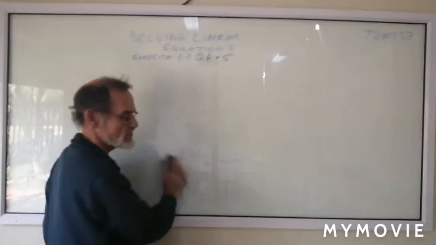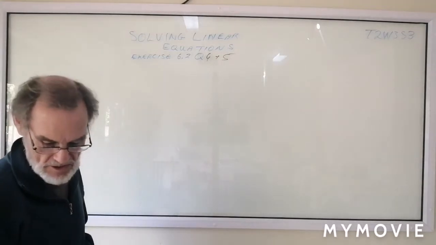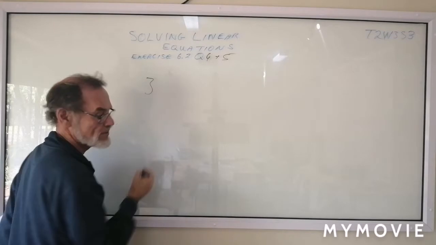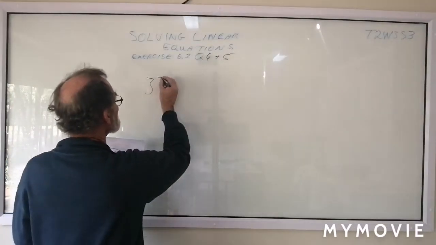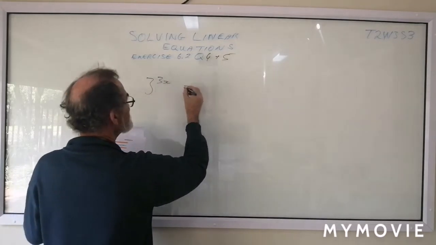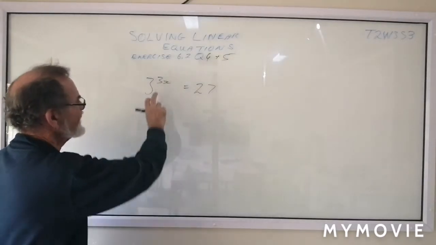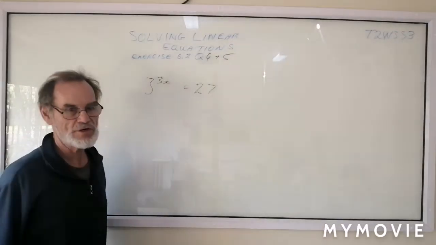Now, I'm going to work through the whole of question 5 because it's exponential equations, which is something new. So 3 to the power of 3x is equal to 27. When you see that x is in the exponent, you know you're busy with an exponential equation.